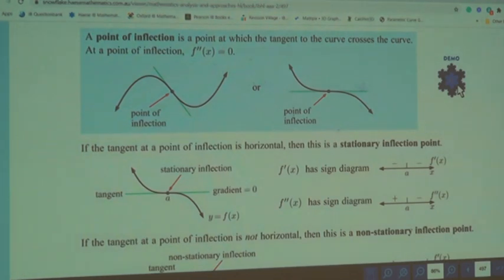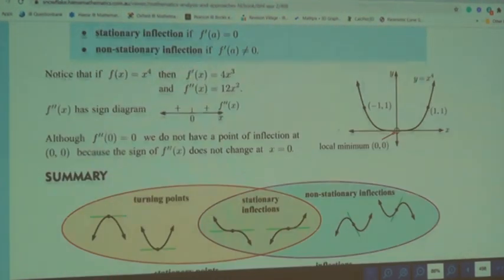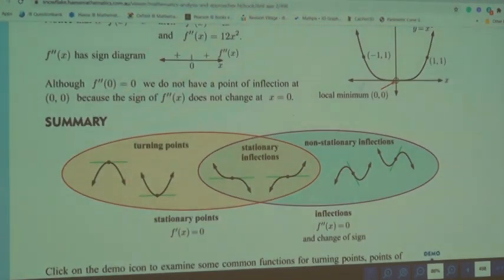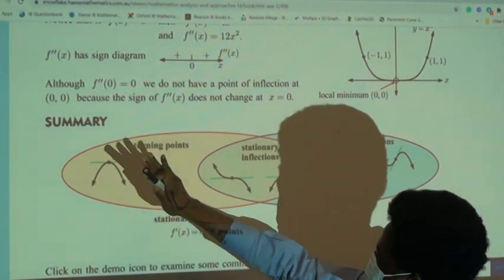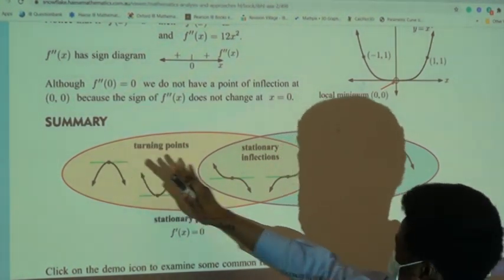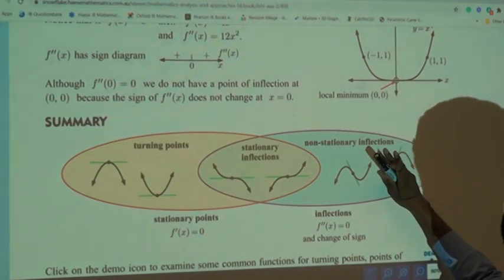Understand? So quickly, finally, I will explain this again. Look at it. We have some non-stationary points that are, of course, non-stationary points. They cannot intersect. We have some turning points that are also points of inflection. Everything here is stationary. Everything here is point of inflection.